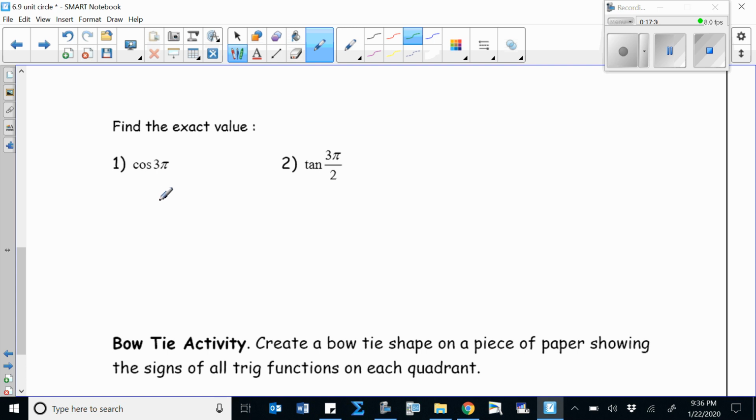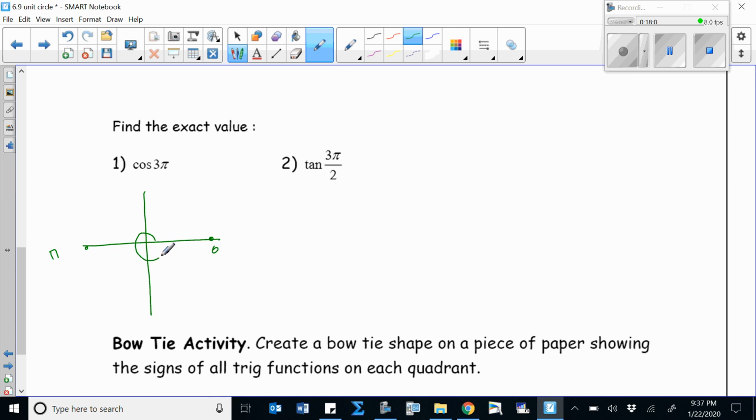Okay, so let's do one example here. Cosine of 3 pi. I draw the coordinate plane here. We know that this is 0. The first thing to find cosine of 3 pi is to draw the angle. 0, and here it will be pi. So if I make half a circle, I have pi radian.